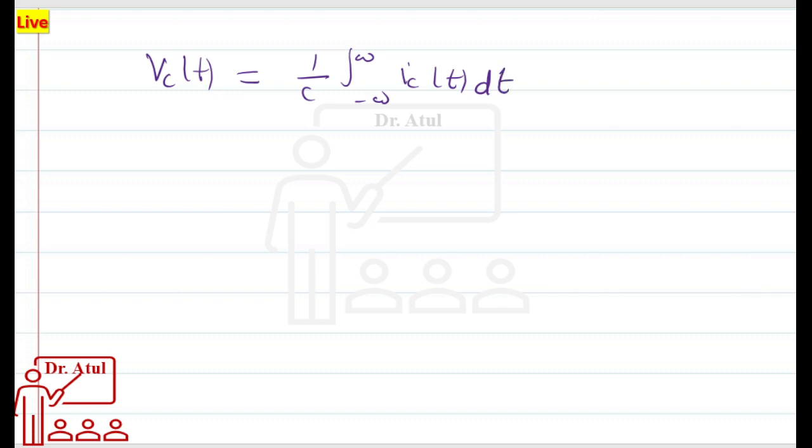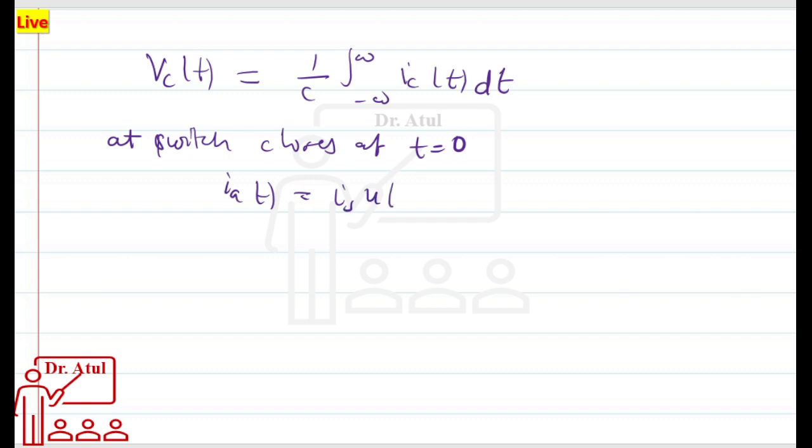Because the switch closes at t equal to 0, so IC(t) equal to IS u(t). Okay, so IC(t) equal to IS of u(t).